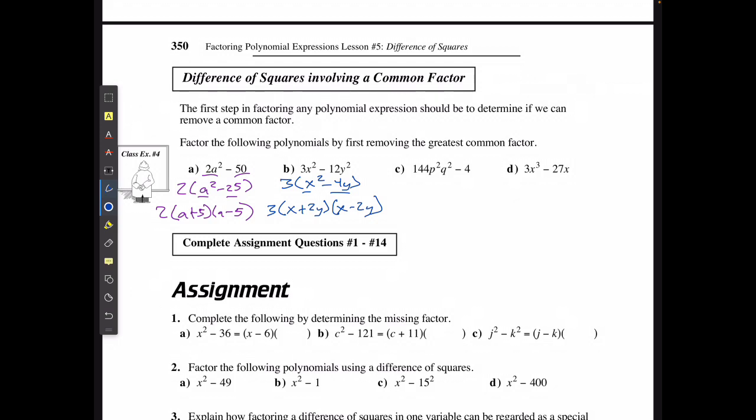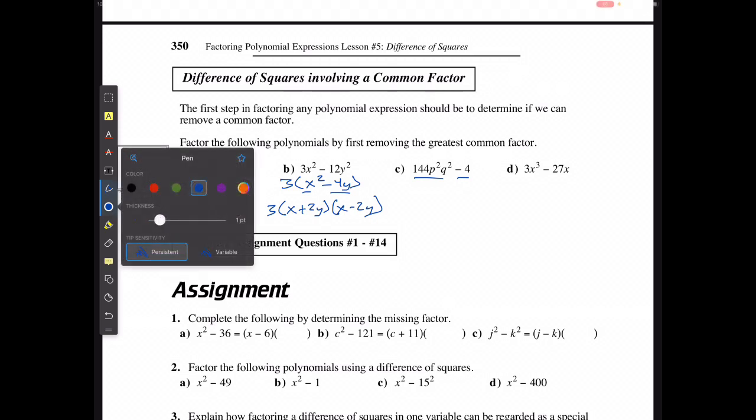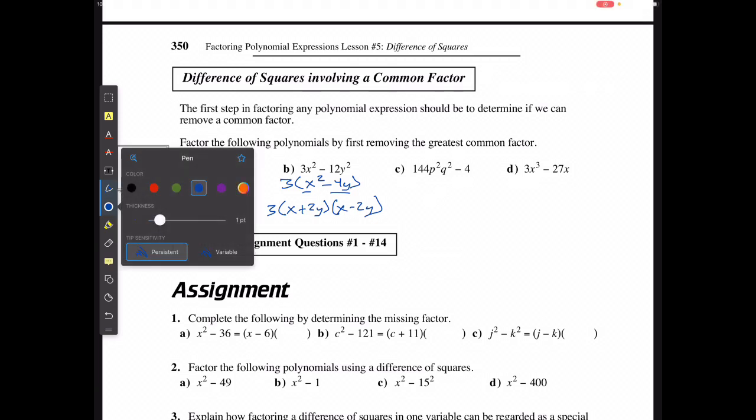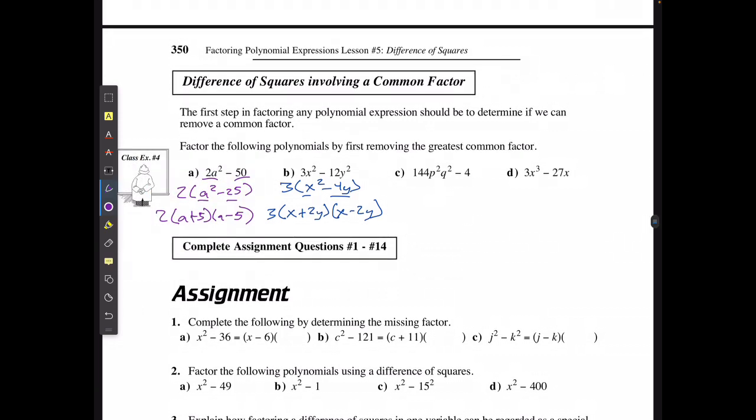For example C, they are perfect squares, but it's still much easier to do with smaller numbers. So I'm going to factor them down to start. I'm going to divide both parts by 4, and I'm going to get 4 and 36 p squared q squared minus 1.